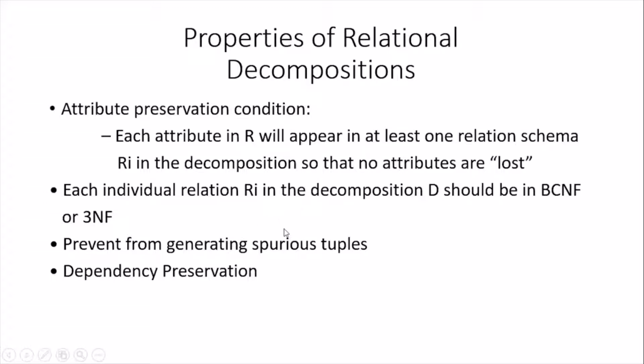Even though you decompose this into some number of relation schemas, it should not generate spurious tuples. We discussed spurious tuples earlier. So this decomposition should prevent generation of spurious tuples, that is, the unwanted or wrong data in the database.